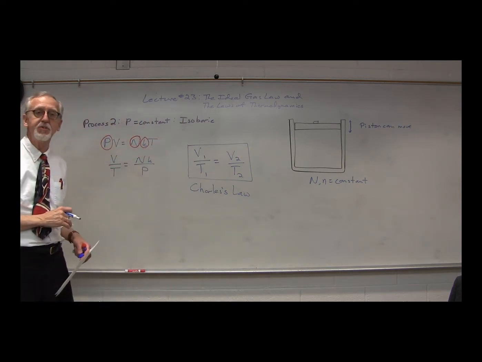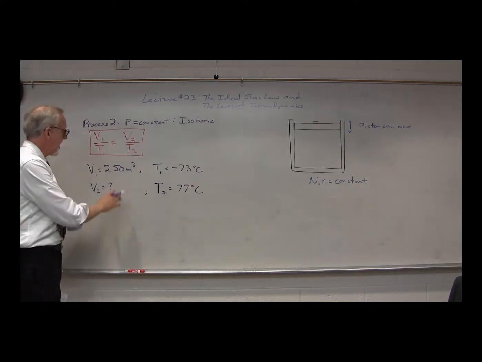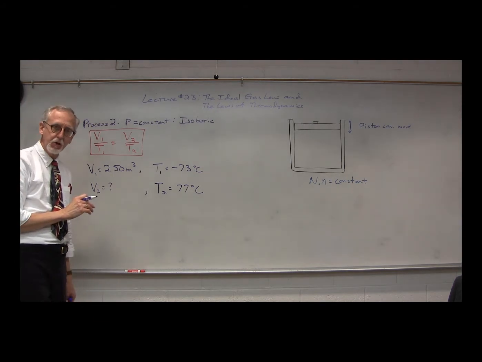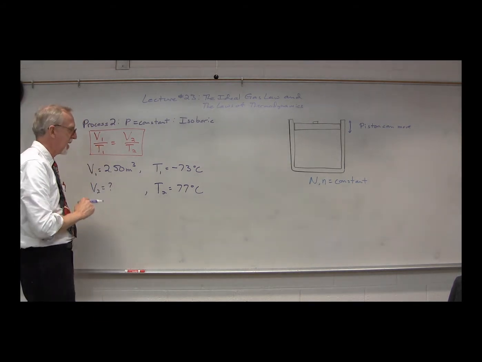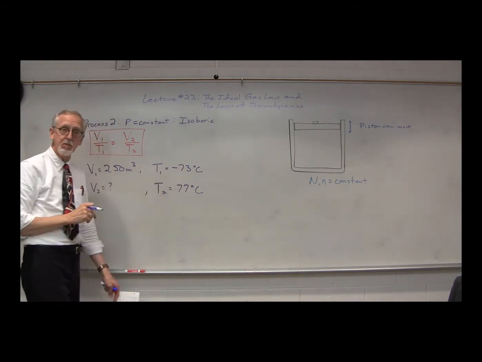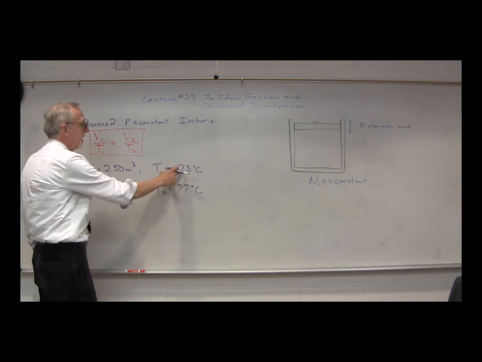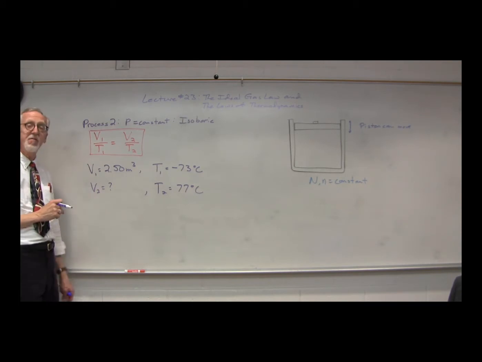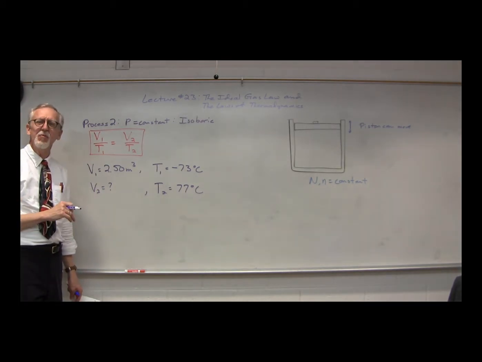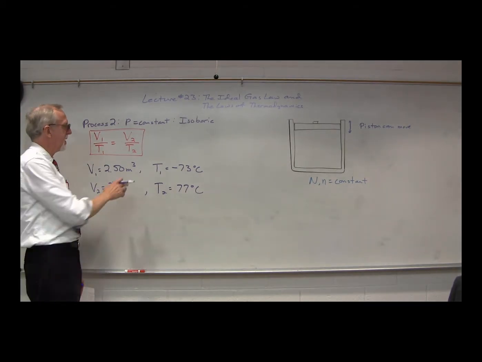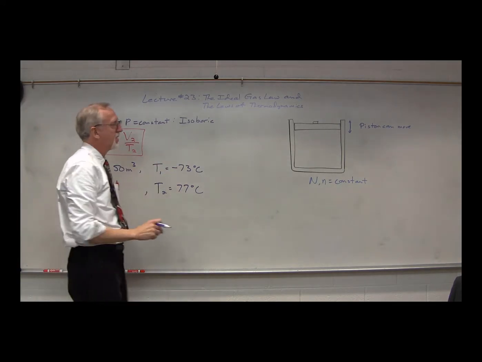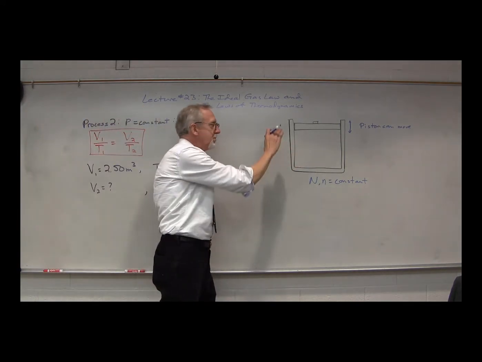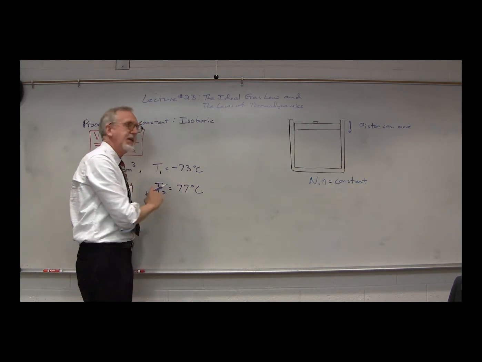Great. Let's stick some numbers in here. Let's imagine now we have 2.50 cubic meters of our ideal gas at negative 73 degrees Celsius. We then heat it up to 77 degrees Celsius. What is our final volume? Well, again, let's see if we can think about what's going to happen. We maintain the pressure, but now we heat it up.